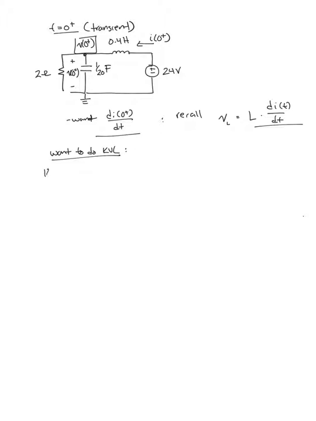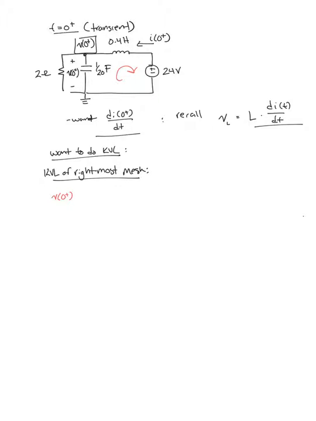So let's do a KVL of the rightmost mesh, since that's where the inductor shows up. So I'm going to do the KVL walking around clockwise. So first I'm going to describe the voltage across the capacitor. So I'm gaining voltage V0 plus as I go from bottom to top.